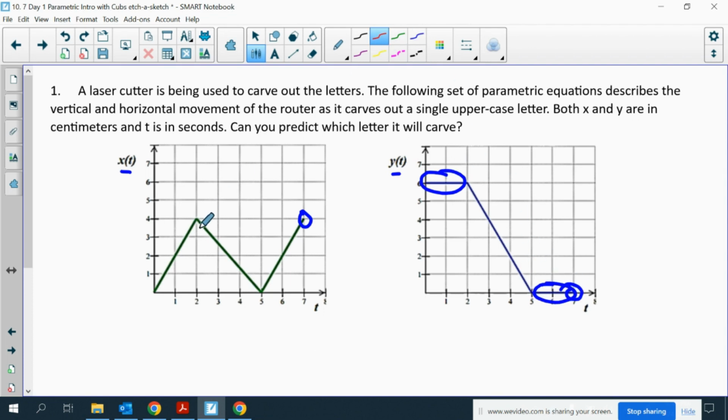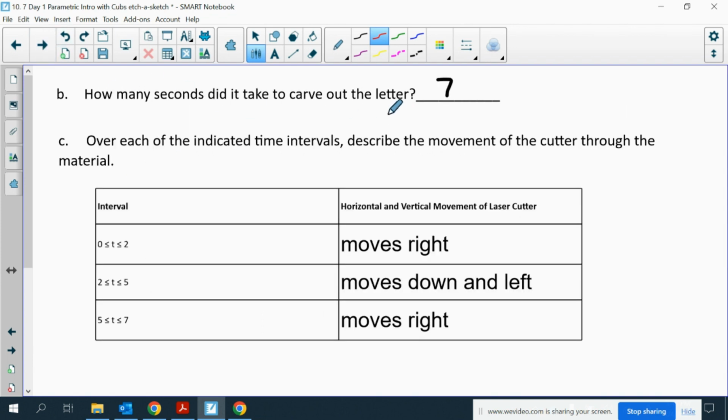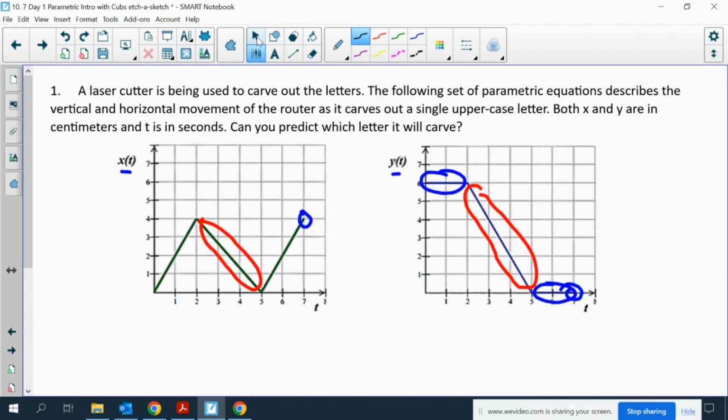But when the path is moving to the left, so when x is decreasing, y is also decreasing. So in this 7-second interval, in the first 2 seconds, we move right, then we move down and left, and then we move right. If we think about a letter that moves right, down and left, and then right, we would probably predict the letter Z.